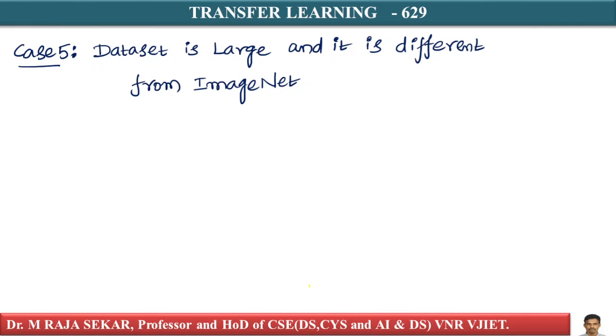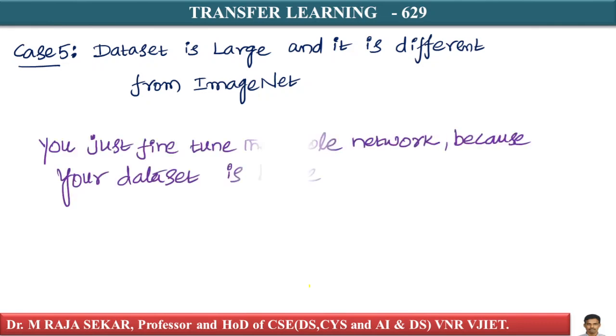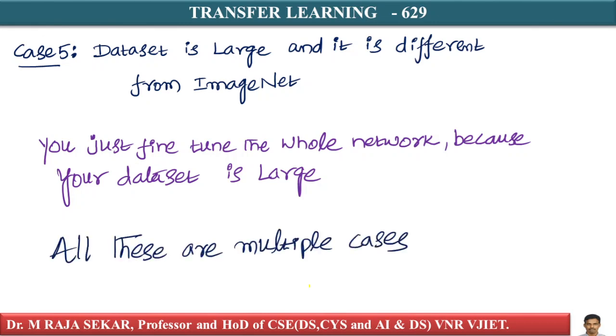Using them as an initializer certainly helps, because the whole VGG model is well trained. You just fine tune the whole network, because your data set is large. All these are multiple cases, very, very important.